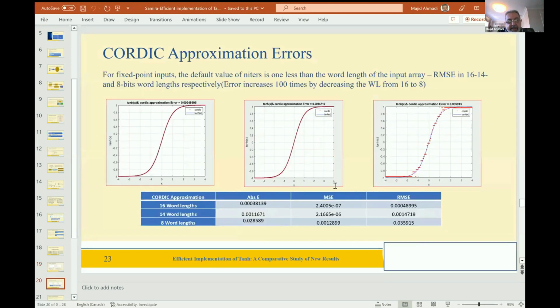And here again, it goes through the various types of CORDIC approximation for 16, 14, and 8 word lengths. You could see that the RMSE and also MSE errors are quite acceptable. In fact, it's quite good.